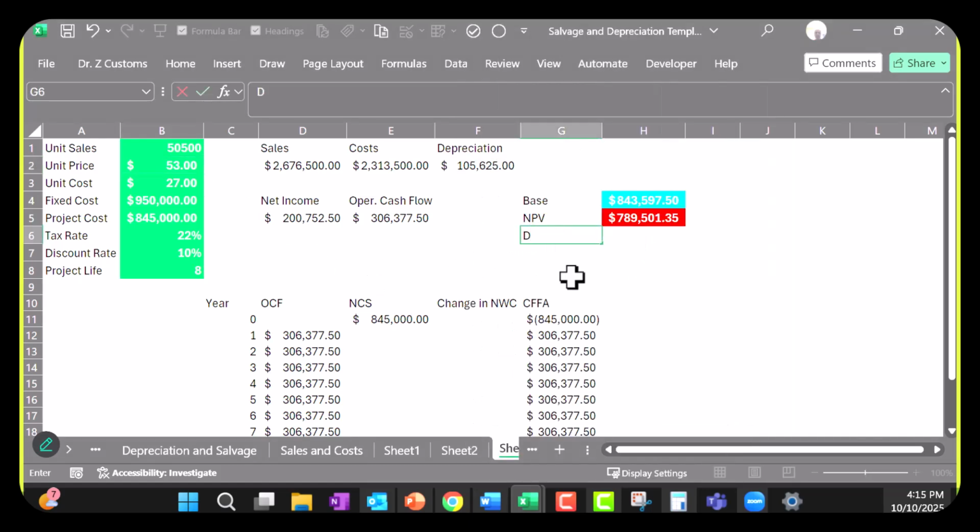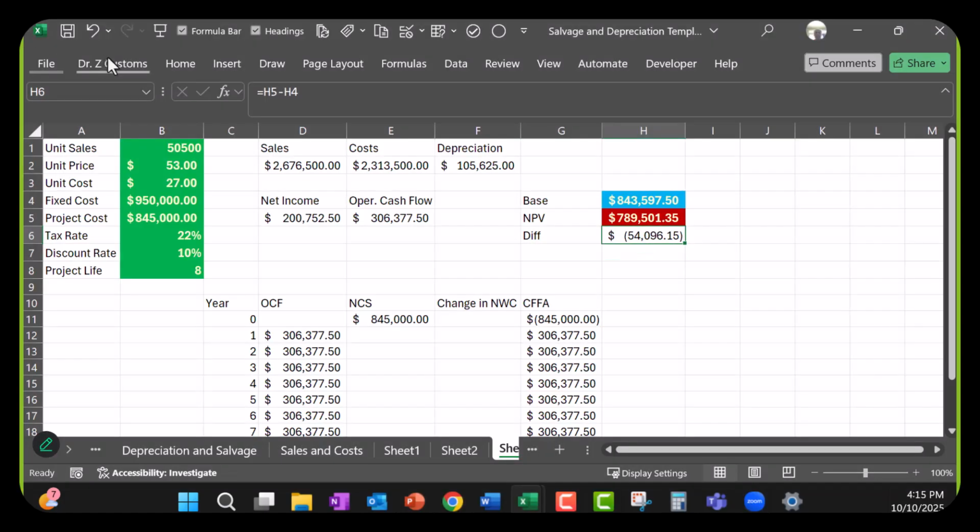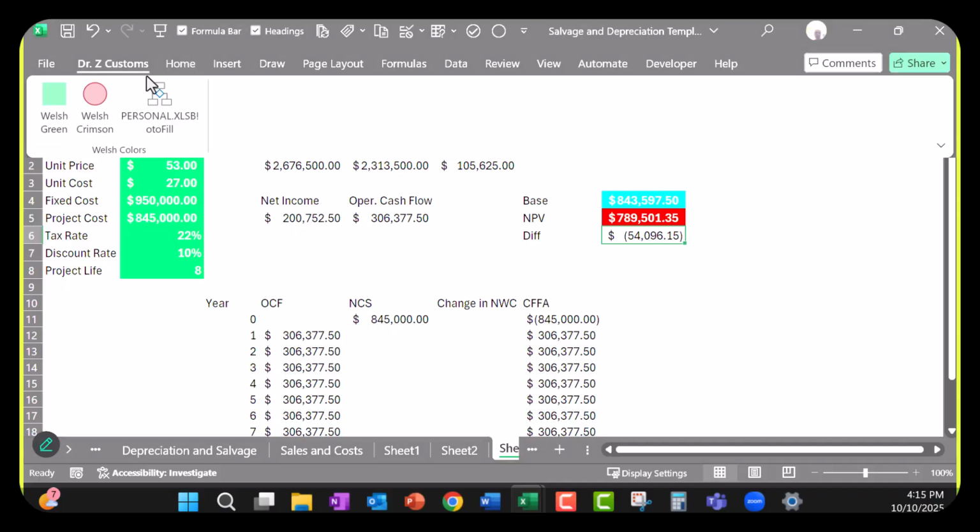So the difference is NPV minus the base. So it's a change of 54,000.